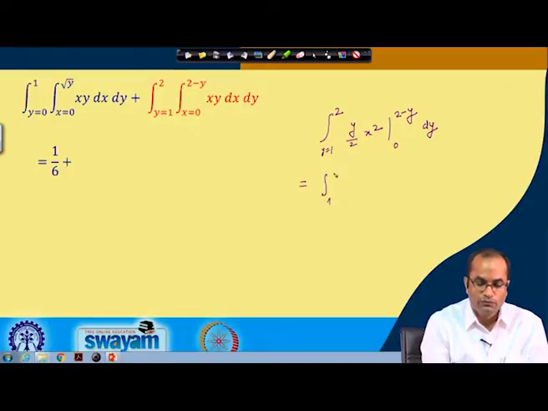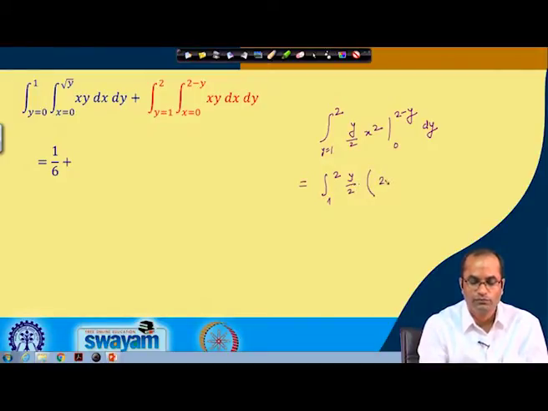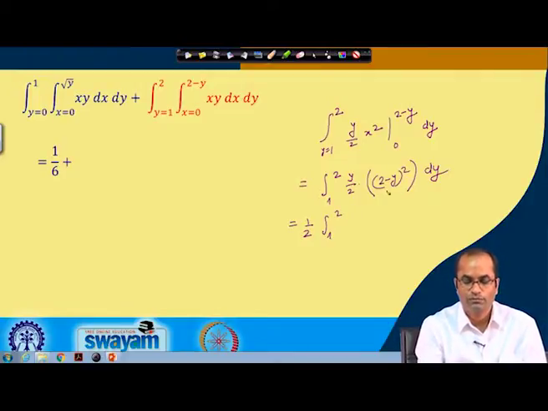So, this is equal to the integral from 1 to 2, we have y by 2 and then x square, so 2 minus y square and then minus 0, and we have this dy. So, 1 by 2 and this 1 to 2. So, y has to be multiplied here.